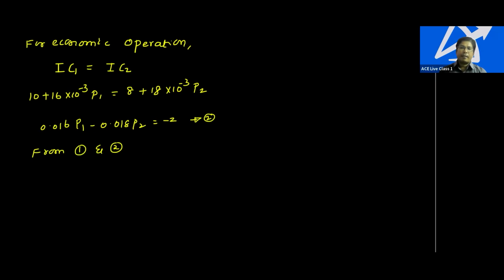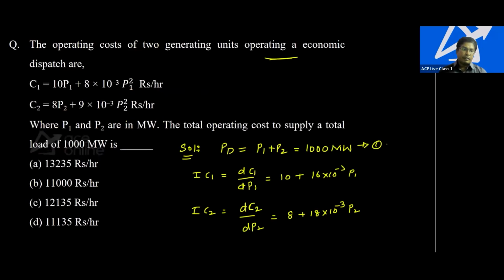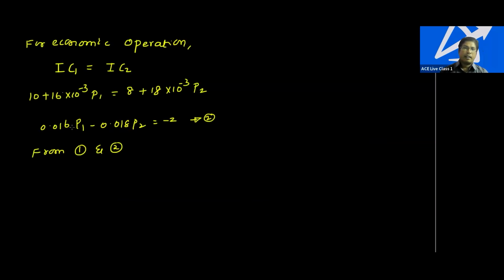So we are having P1 plus P2 equal to 1000, and one more equation: 0.016 P1 minus 0.018 P2 is equivalent to minus 2.